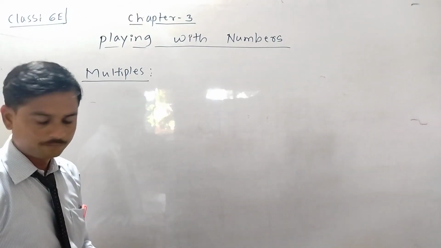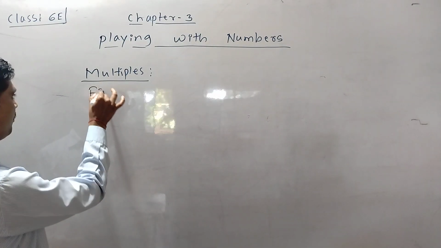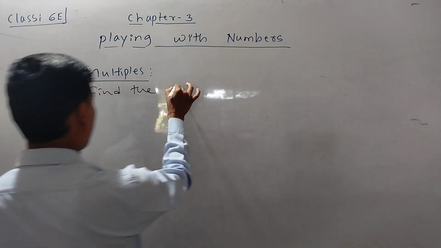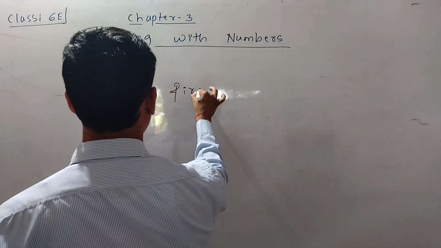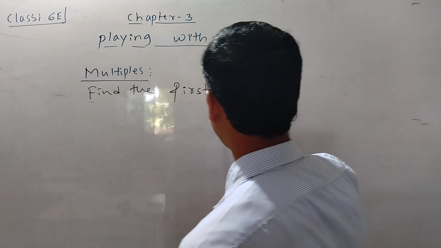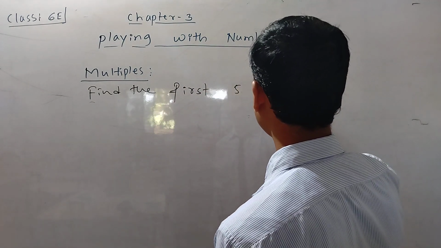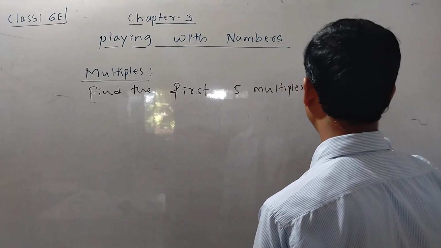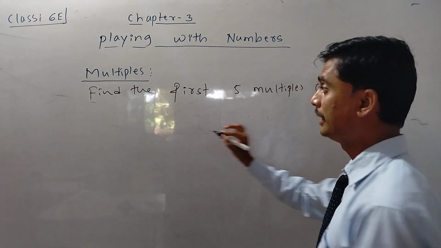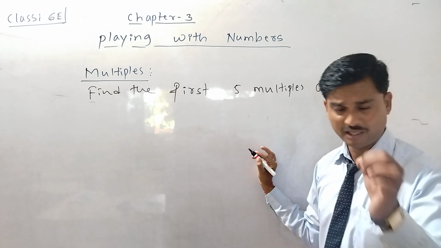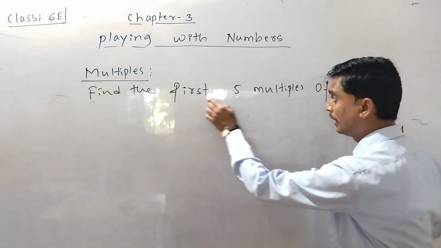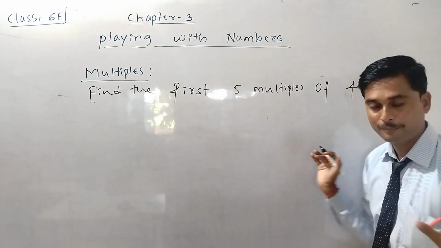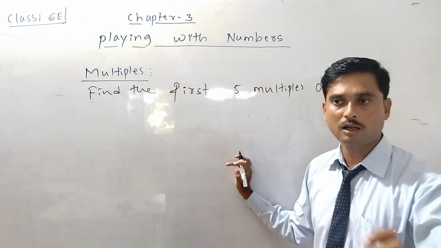Okay. Next example. Find the first 5 multiples of 5. This time they are giving find the first 5 multiples only, because multiples are so many.